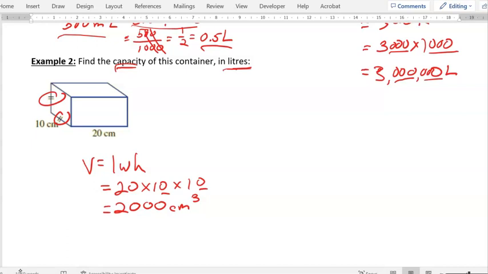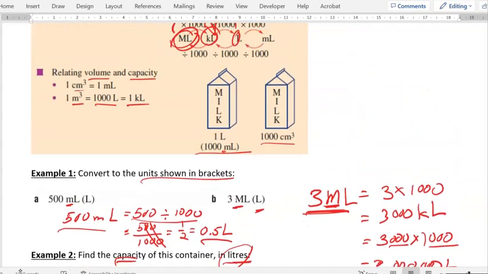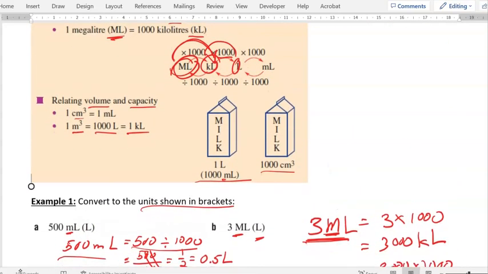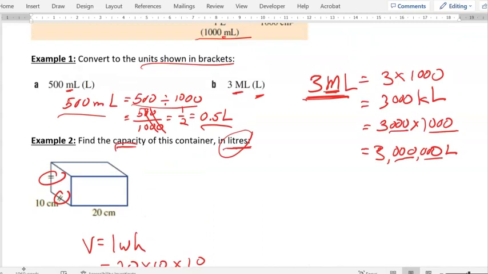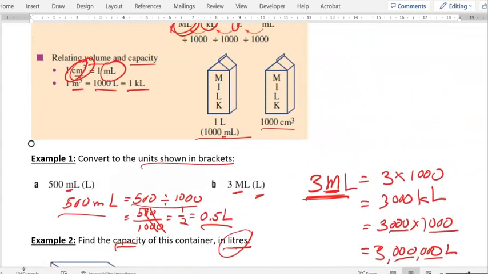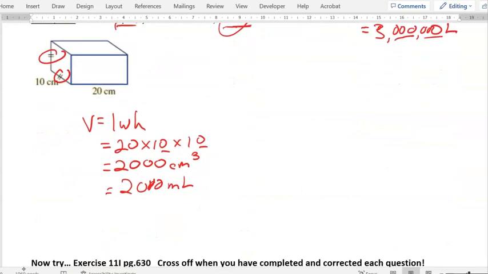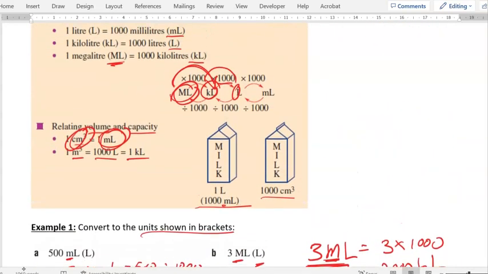Now we have to make a conversion because we want this in liters. So what did we find out here before? 1 cubic centimeter is equal to 1 milliliter. Then we have the equivalent of 2,000 milliliters. That conversion is there for us. So a cubic centimeter goes to the capacity of a milliliter. So what do I want in liters, and how do I go from milliliters to liters?